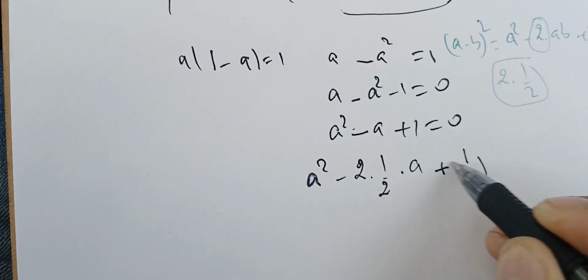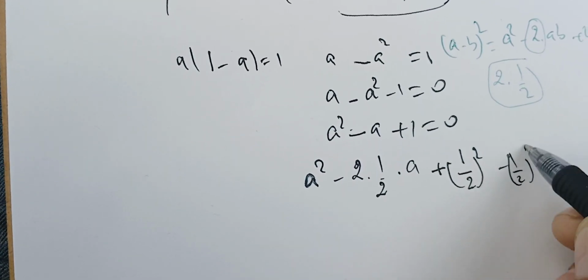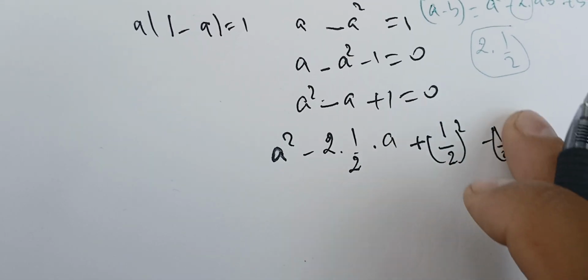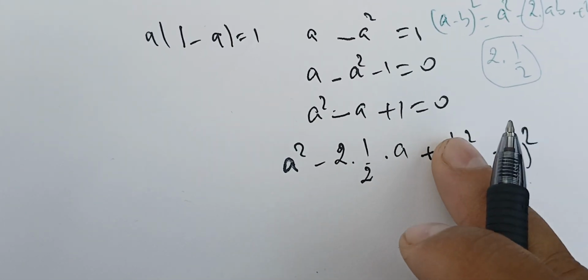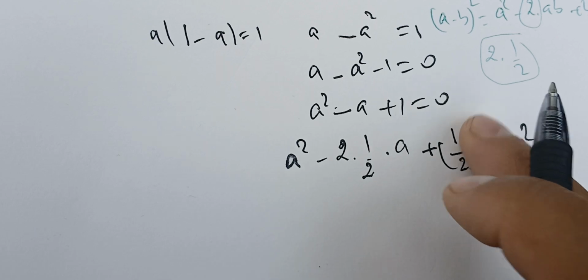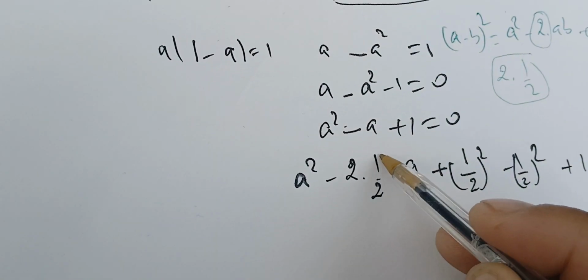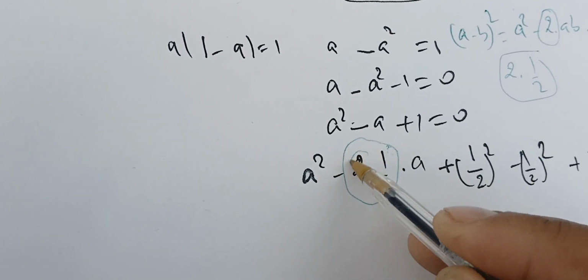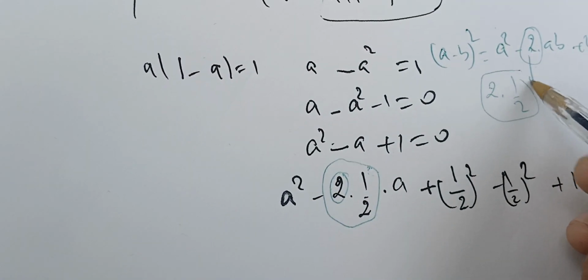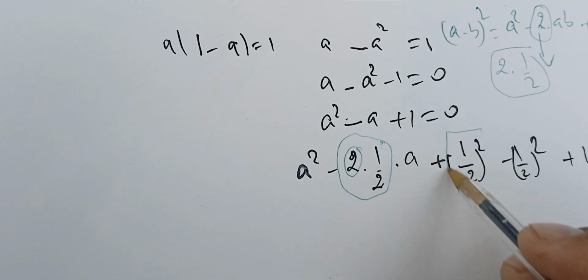So we have 1/2 squared minus 1/2 squared. Here we use this trick too. It's like we're adding and subtracting the same thing. It's 0 plus 1. Notice what we did. We did this trick here to have these two terms because we need them when we complete the square. And also we need the b squared.